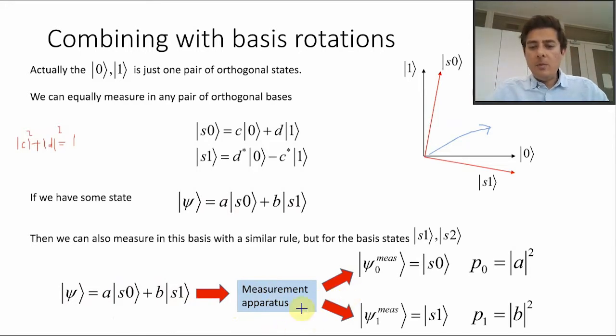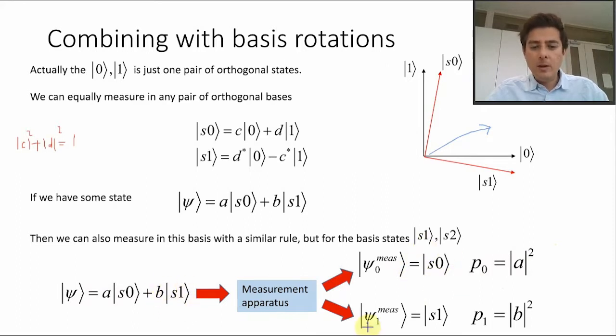Then what happens is very similar to what I told you before: the probabilities of these outcomes are just equal to the modulus squared of the coefficients here. So the probability of getting S0 is just mod A squared, and the outcome is S0 itself.